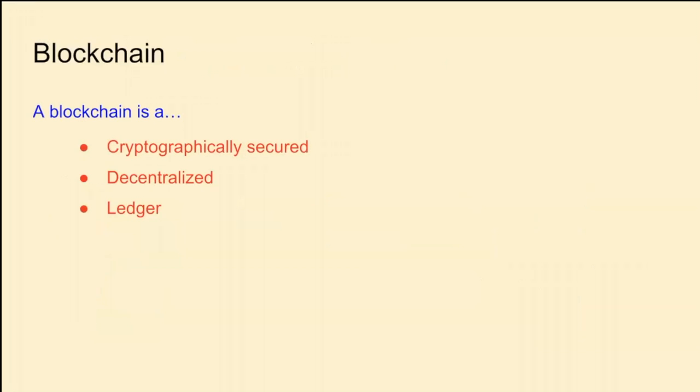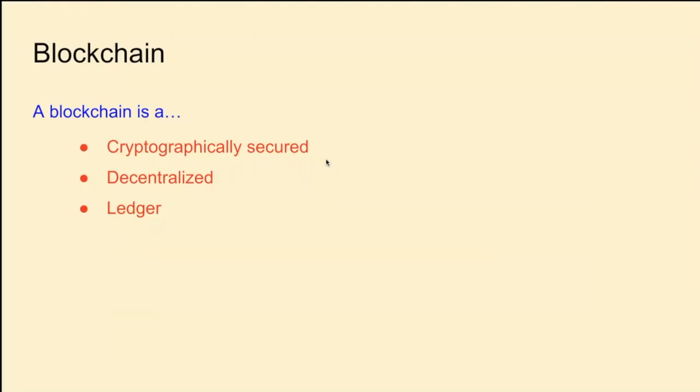Okay, so switching gears a little bit, the definition of blockchain that I mentioned a few minutes ago is that it's a cryptographically secured, decentralized ledger. Each of those means specific things.